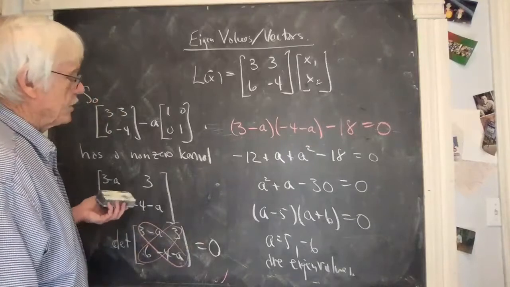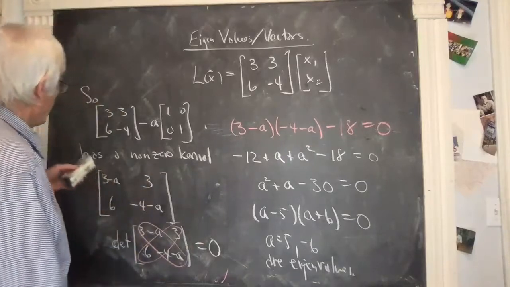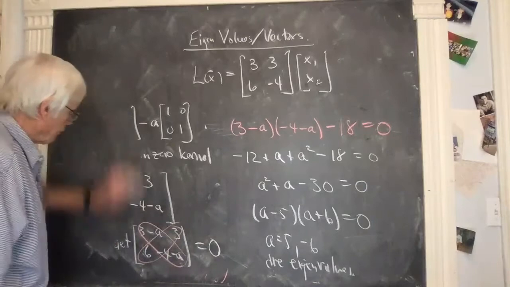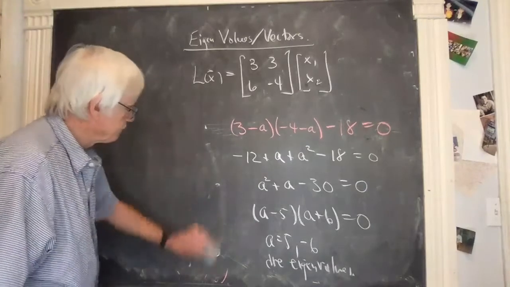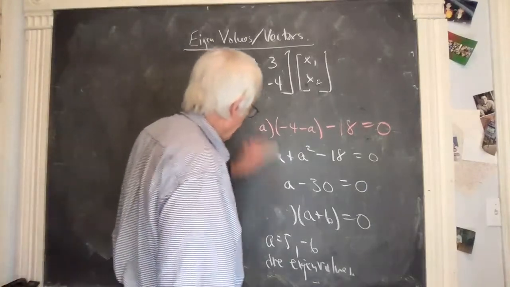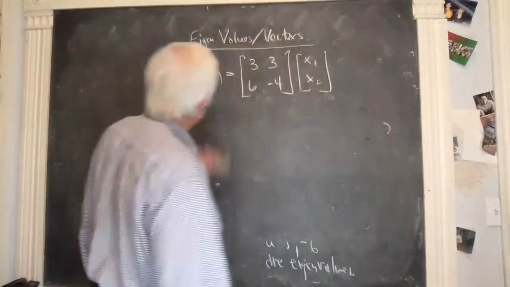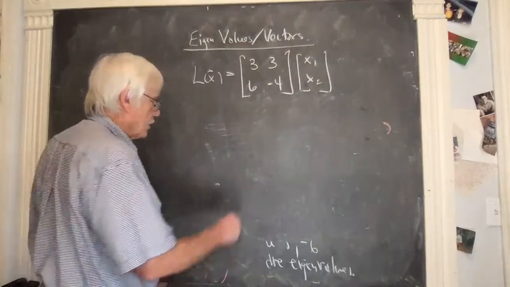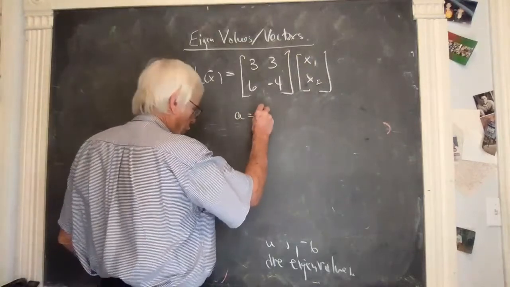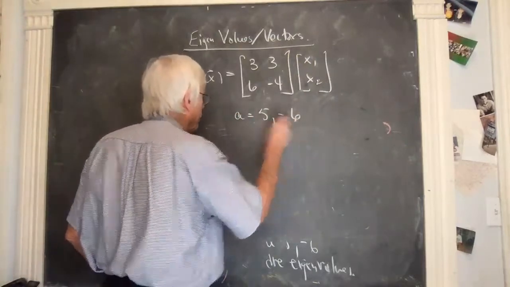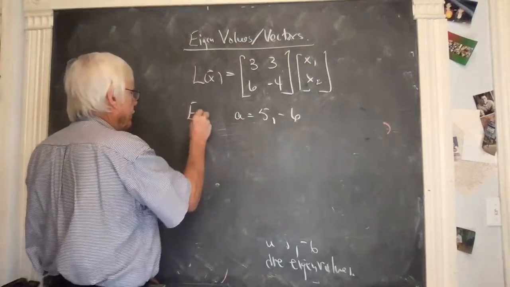Let's go ahead and see how to find the corresponding eigenvectors. So A equals 5 and -6. These are the eigenvalues.